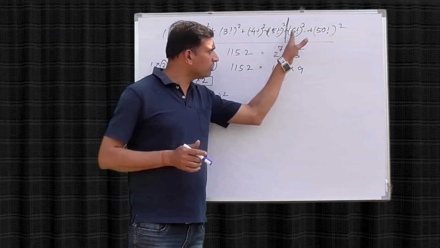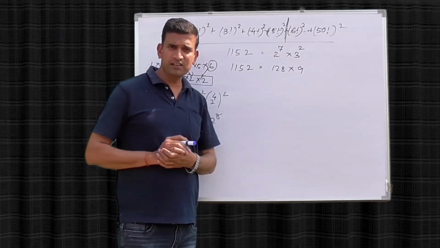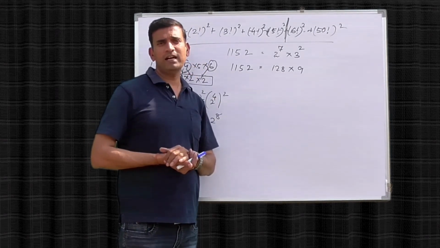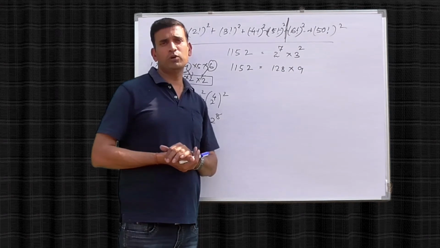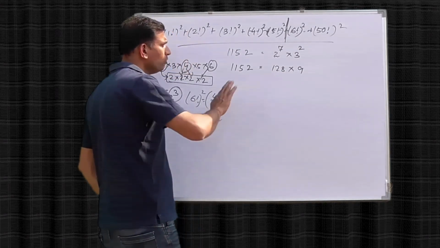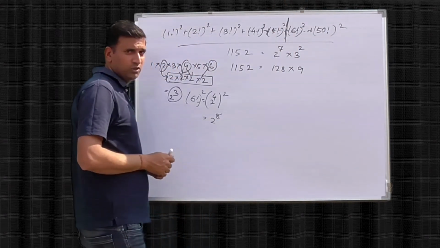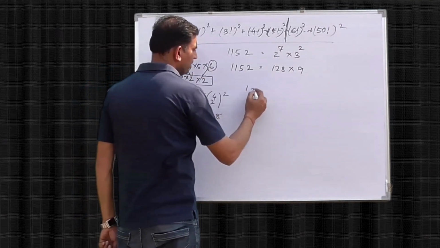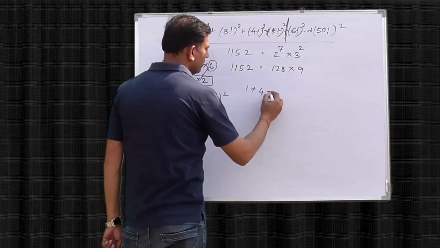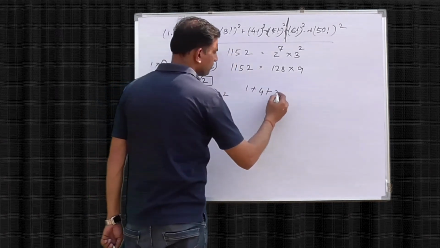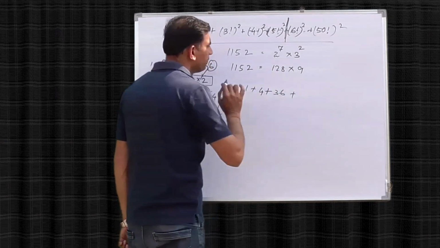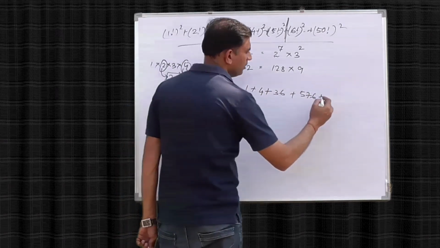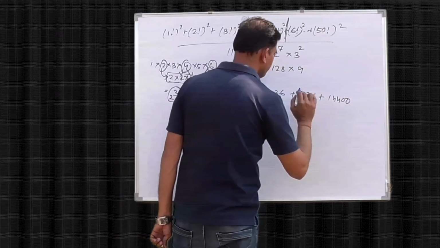And from 6 factorial square up to 50 factorial square, every time we are having 2 to the power 7 or more than that, and 3 to the power 2 or more than that. So we don't need to worry about all those numbers. Only what we need is 1 factorial square, 2 factorial square, 3 factorial which means 6 square 36, 4 factorial 24 square 576, and 5 factorial square 14400.